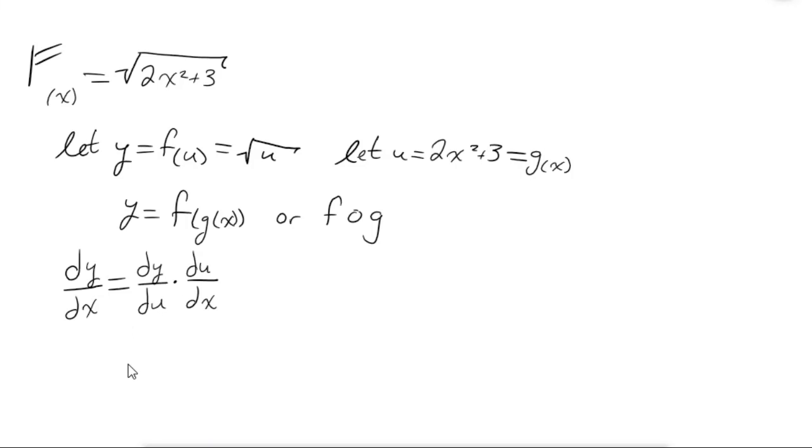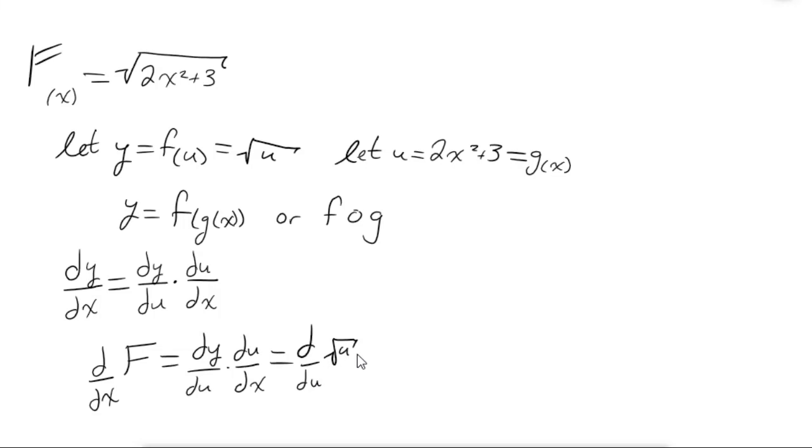So for this example, the derivative with respect to x of our function F is equal to the derivative of y with respect to u multiplied by the derivative of u with respect to x, or, using the numbers that we have, the derivative with respect to u of the square root of u multiplied by the derivative with respect to x of the function u, which is 2x squared plus 3.